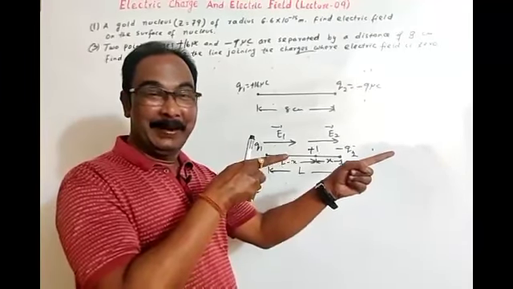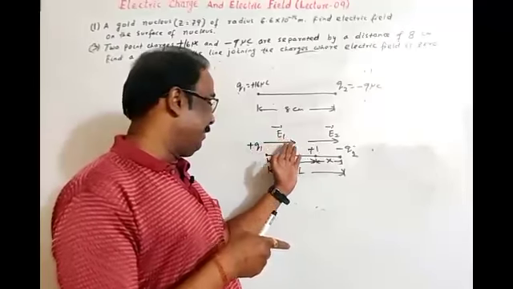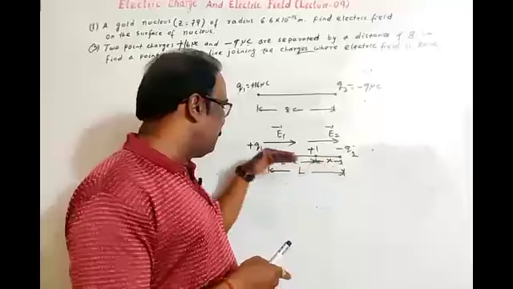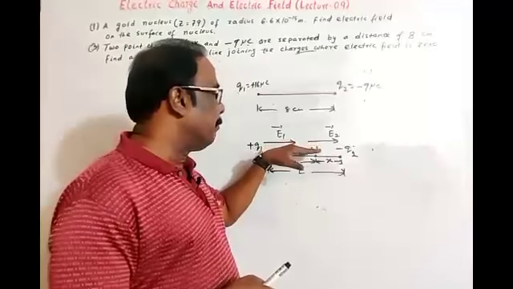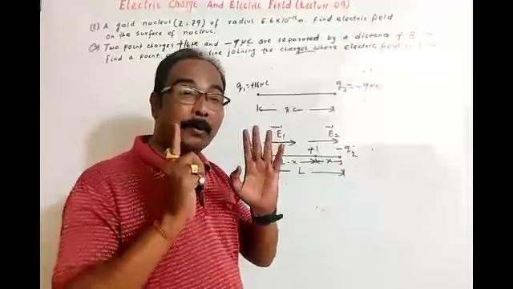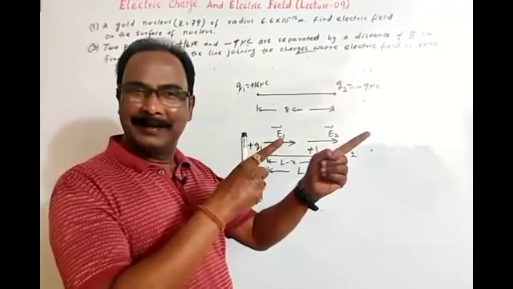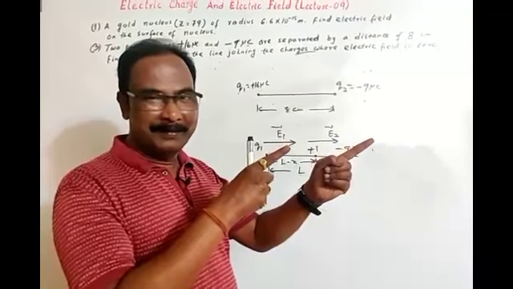Plus q1 repels, minus q2 attracts, and both field intensities are in the same direction.